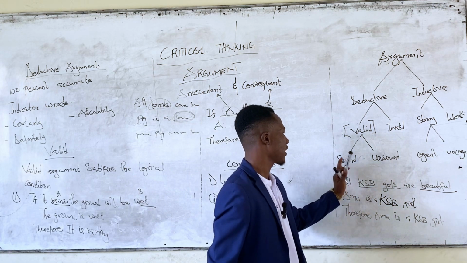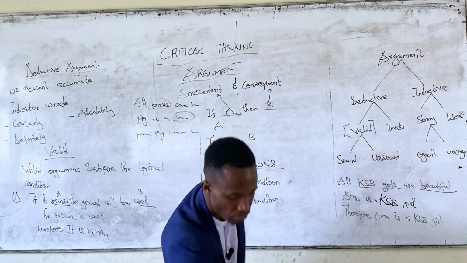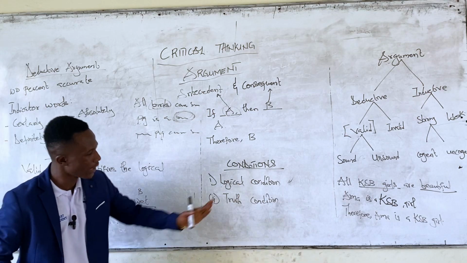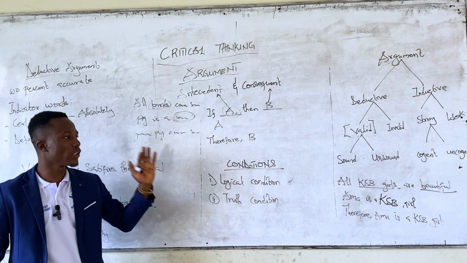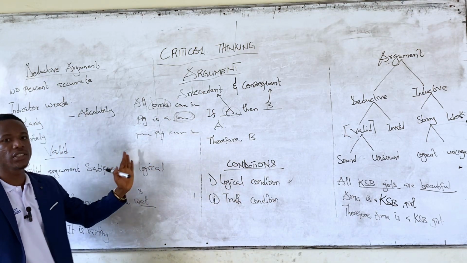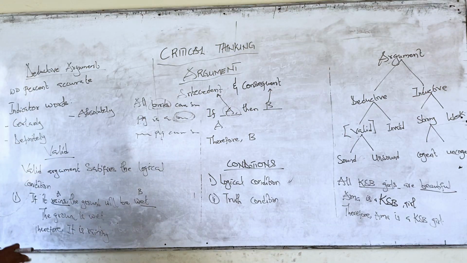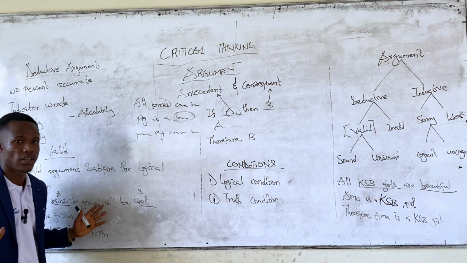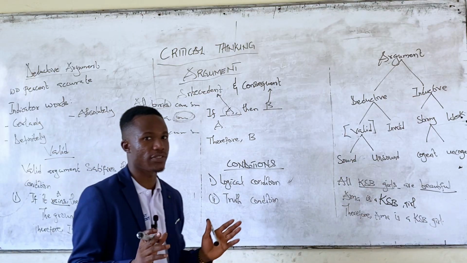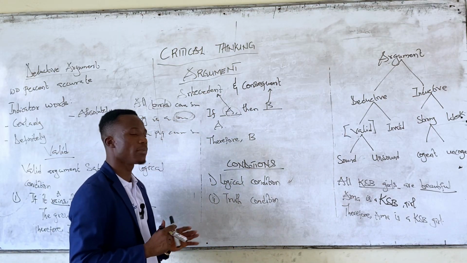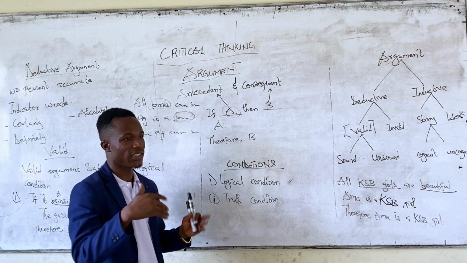Let's look at the sound and unsound. We are still basing on the condition, because I told you if you forget the conditions, that is all. Now you know what is logic, or you know what is valid, right? Validity. Logic means it must follow the pattern. That is the same as valid.